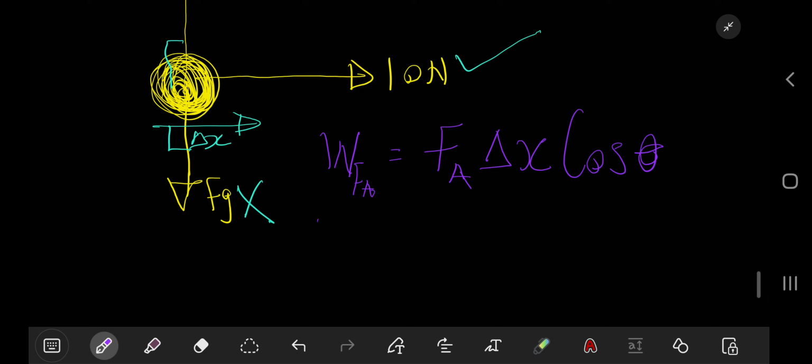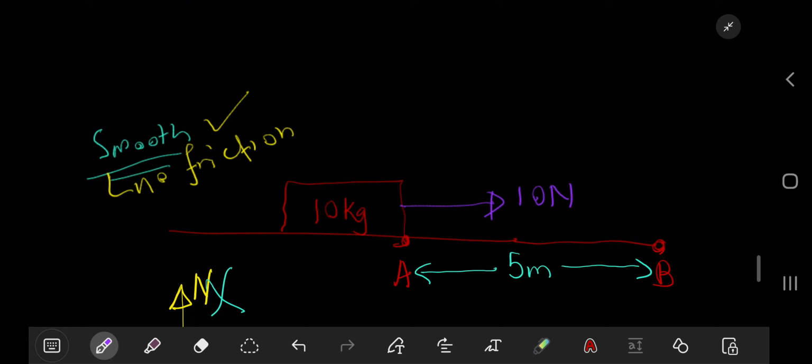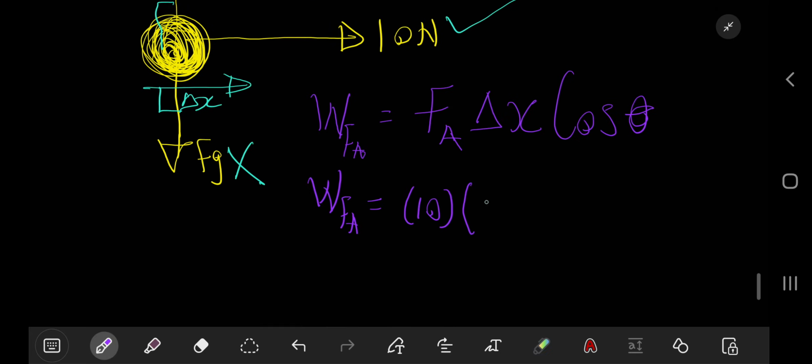Okay, so the work done is equal to the magnitude of the applied force, which is given as 10, and the magnitude of the displacement in this case is given as 5 meters. Okay, and then cos of the angle between your applied force and the displacement, we can see that they are pointing in the same direction, meaning that the angle between them is 0 degrees. And if you punch this on a calculator, then you would get 50.